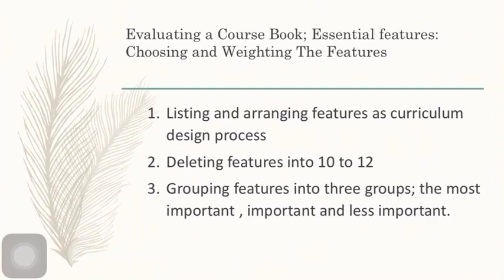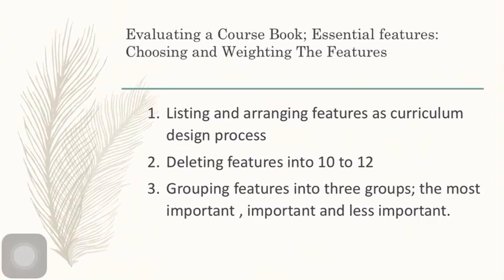First, listing and arranging features as in the curriculum design process. Add features that you consider important but which are not on the list. Try to do this systematically by considering the various parts of the curriculum design process. 2, deleting features to 10 to 12.